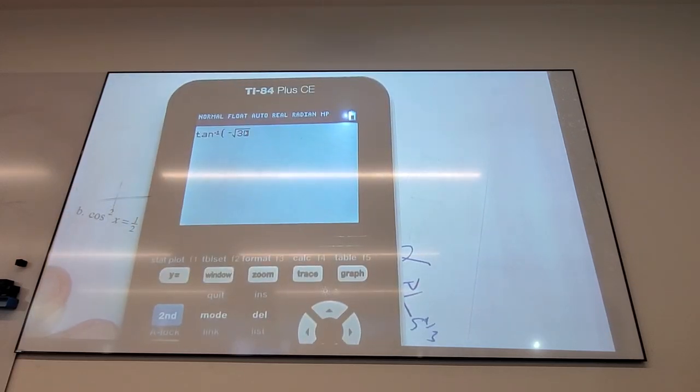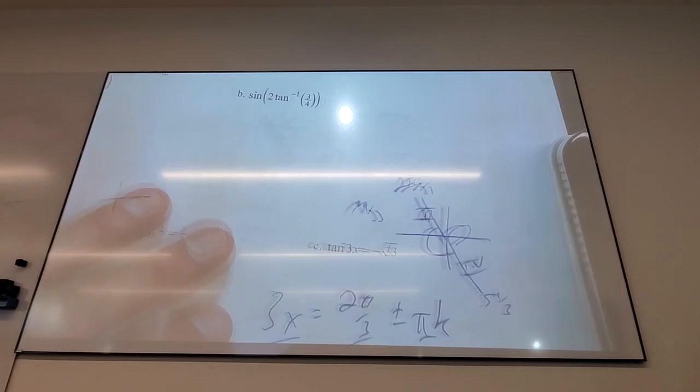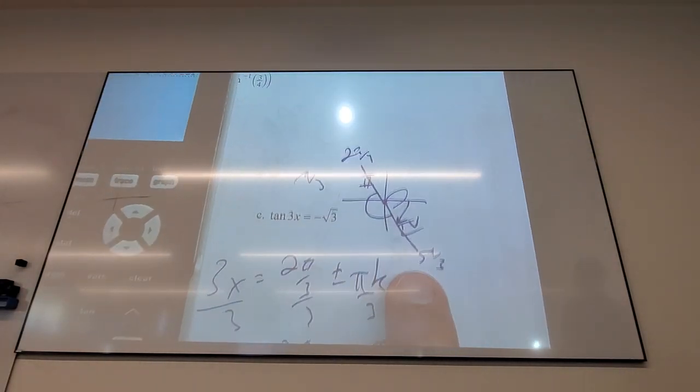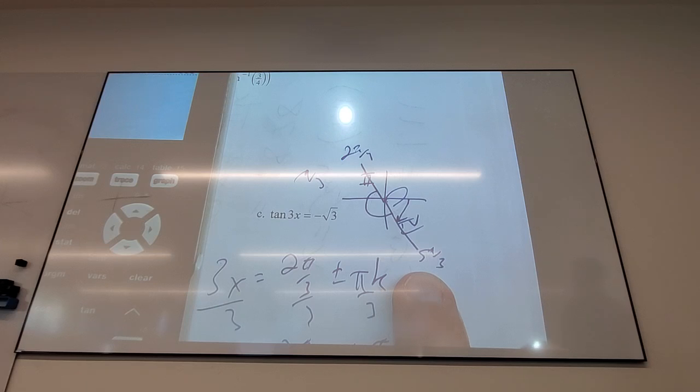So the inverse tangent of negative rad 3. I get this. And that would be this. So it should be pi over 3.